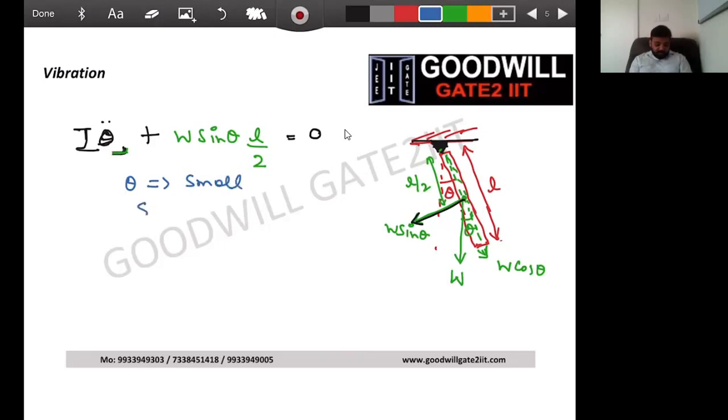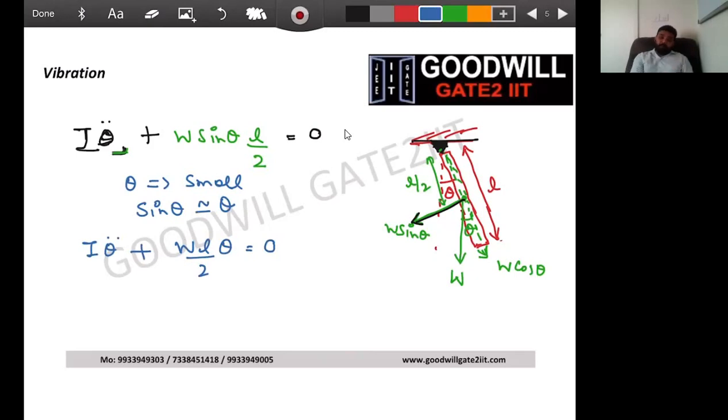And you people know if theta is small, sin theta should be nearly equal to theta. Always we'll make these approximations: cos theta is 1, sin theta is theta. And your final equation becomes I theta double dot plus W into L by 2 into theta equals to 0. I'm just writing this in a simplified manner. We end up with this.